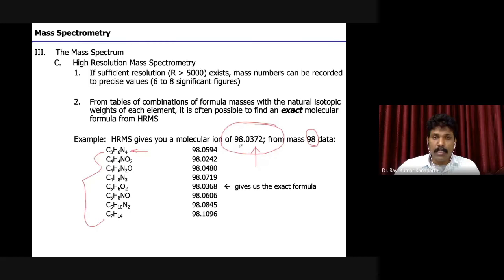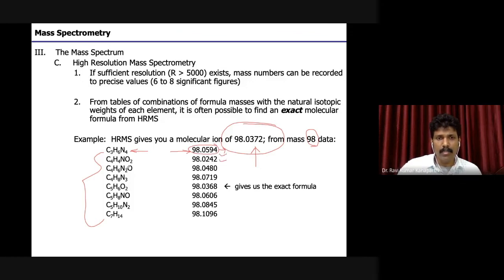These molecular weights are calculated based on the exact atomic weights, which I already explained. Except carbon, every atom has atomic weights that are fractions, but for general convention we represent the nearest numbers. If you use the exact atomic weights, it is possible to calculate the exact molecular mass.